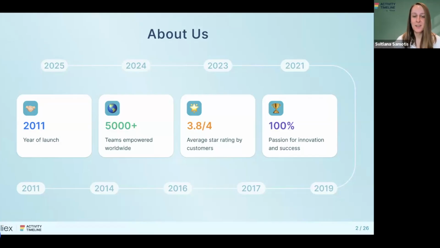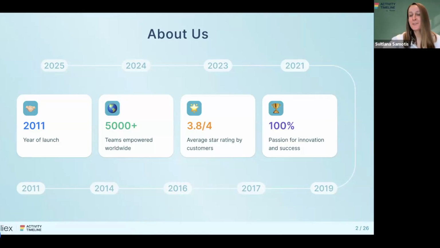He decided to roll it out to the world, and there are some milestones we went through, from a small standalone app to a Gold Marketplace Partner in the Atlassian ecosystem with 5,000-plus teams using our product, and the average rating is almost 4.